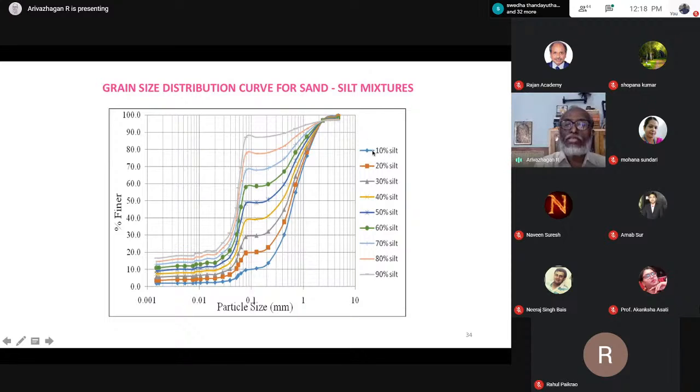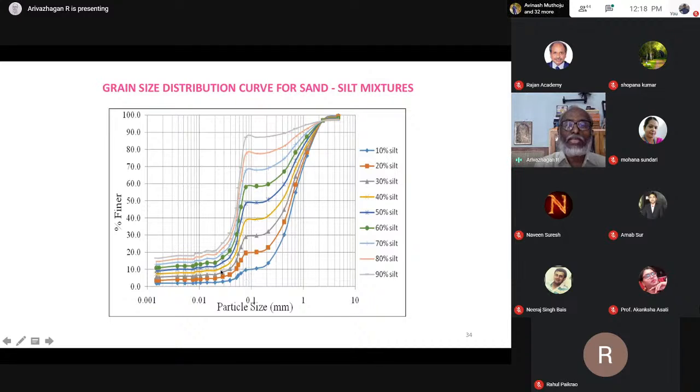See here the 10% silt, 20% silt. All are at 0.075 mm here. That is the silt particle. Then above that are sand particles, around 1 mm. At this point, that is 10%.